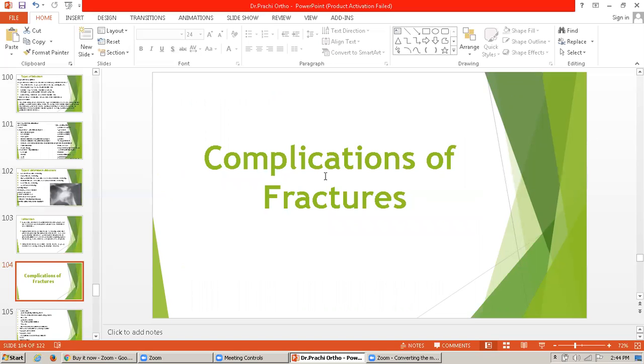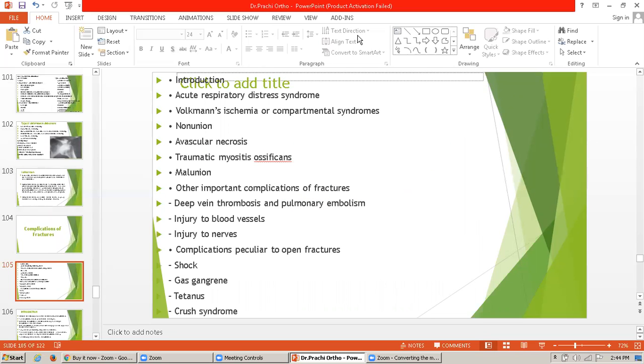So next topic is the complication of fractures. In the complication of the fractures, firstly, the introduction is very important.